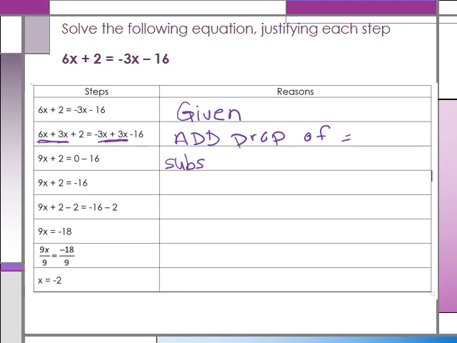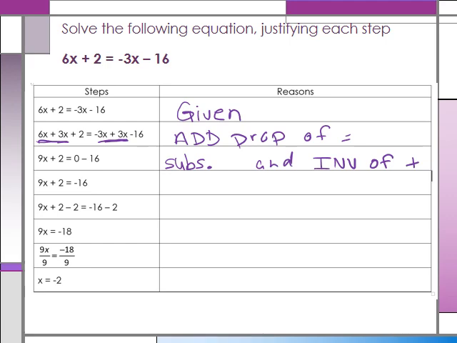And this negative 3x plus 3x giving us 0 is the additive inverse property, or inverse of addition. Okay, when we add inverses, it gives us 0. So there's really two properties on that line.